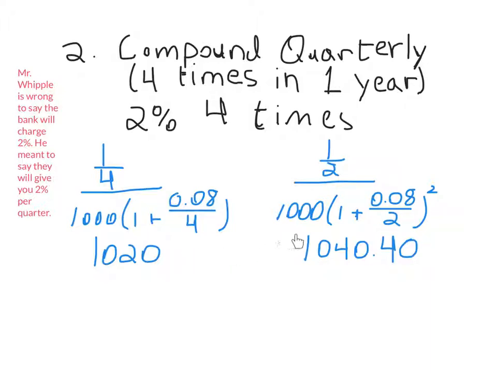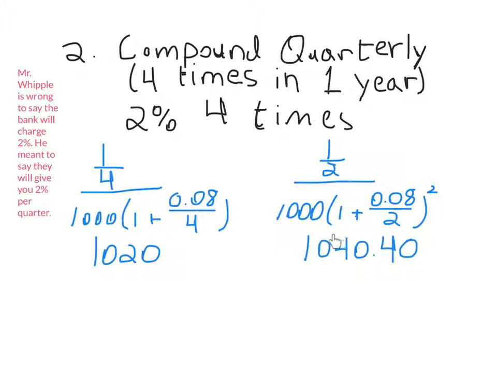Then if we do it again, take that $1,020 and multiply by 1.02 again, which is the same thing as multiplying 1,000 by 1.02 squared, we will get $1,040.40.